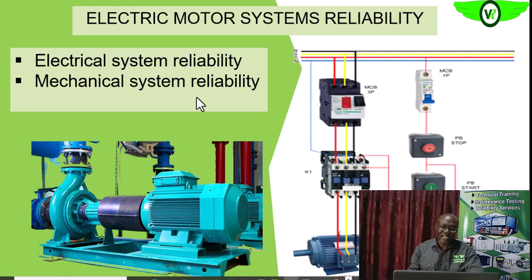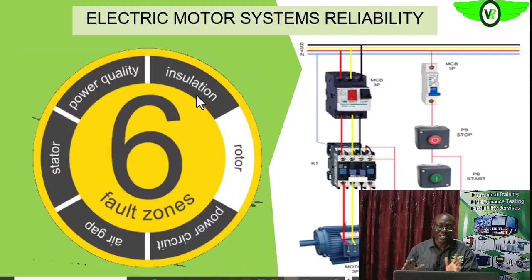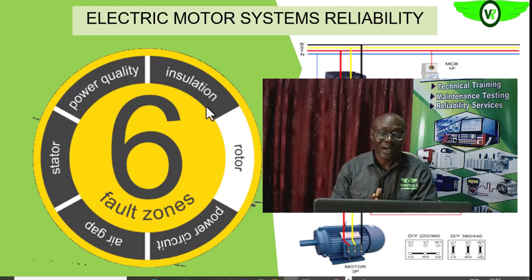So when we say electrical system, remember we are talking of everything from input power to our electric motor through the control circuitry. So we are going to look at 6 zones, that is the 6 fault zones of electric motors.